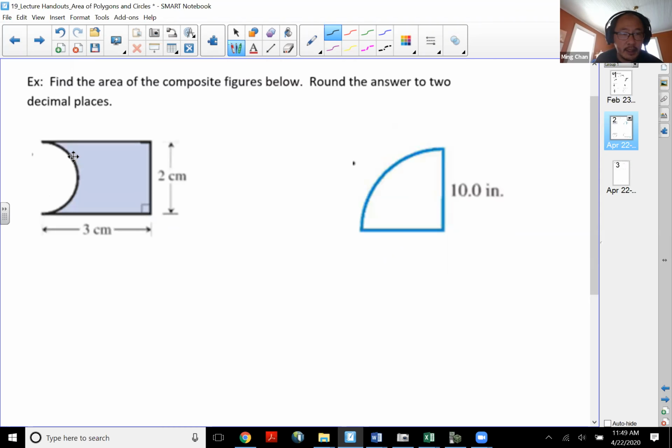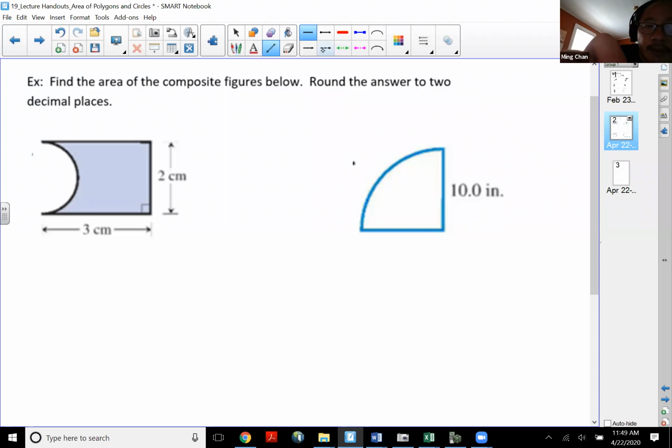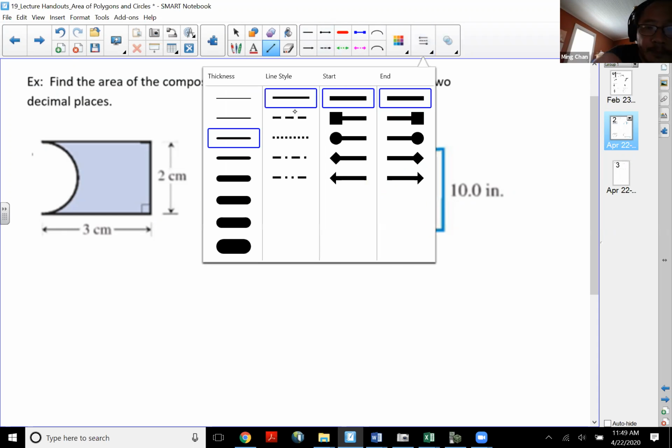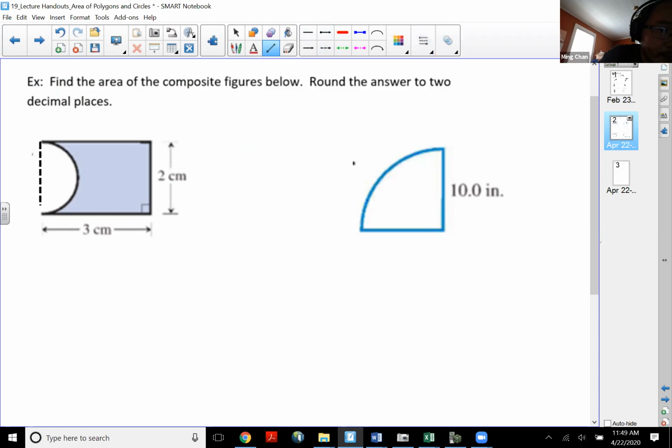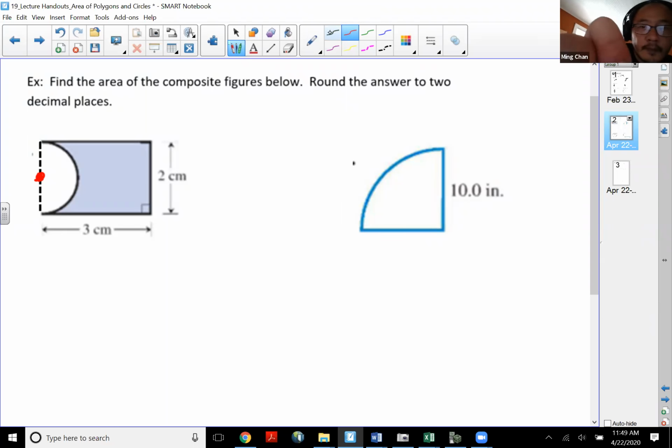This picture here on the left side, what we see is a rectangle, right? With half a circle missing. All right, so if I mark this half a circle, here is my center. The rectangle obviously has a bigger area because the half circle is within it.